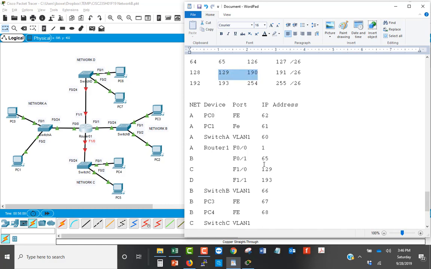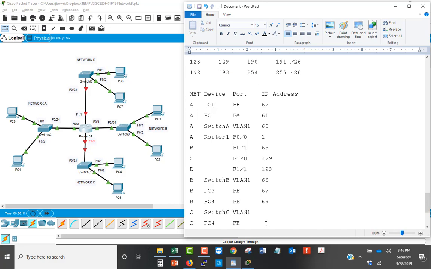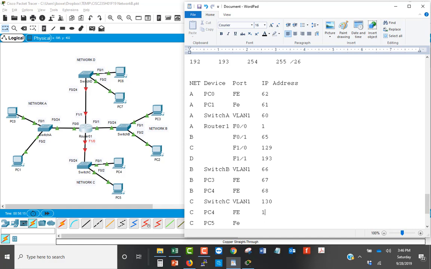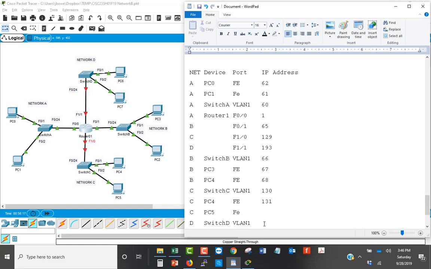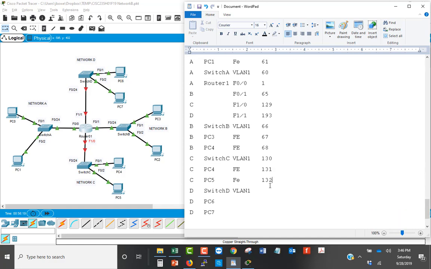I already gave away the 129, so next is going to be 130, then 131, then 132.